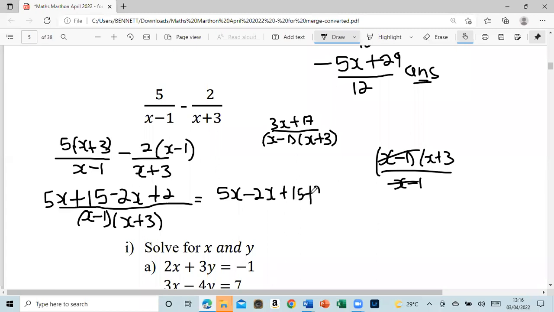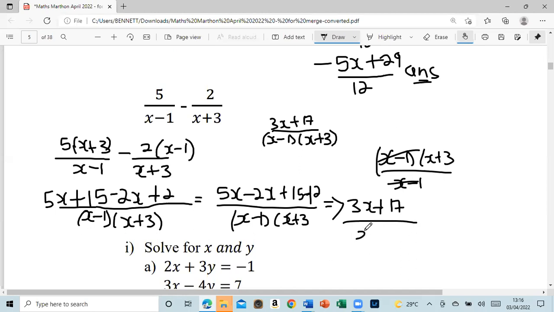Now that we group the like terms, we always keep the denominator, all right? So 5x minus 2x gives us 3x, and 15 plus 2 is 17. And we maintain the denominator, which is the product of x minus 1 and x plus 3.